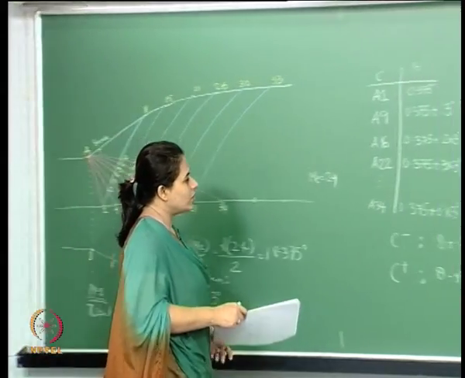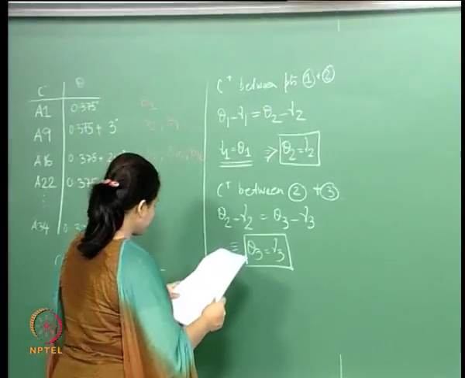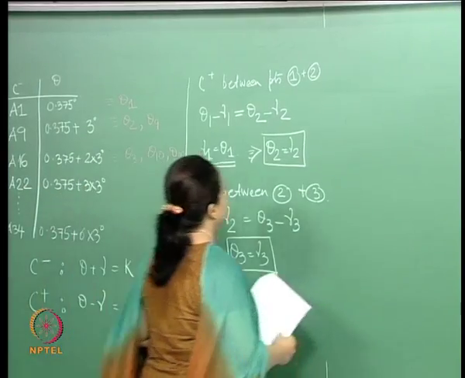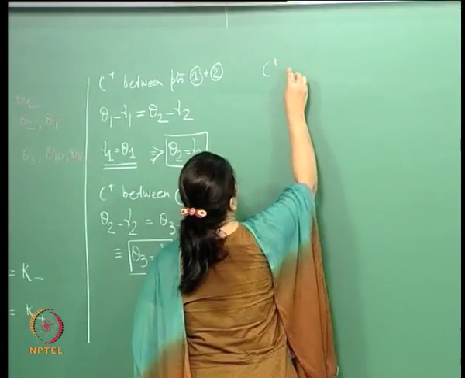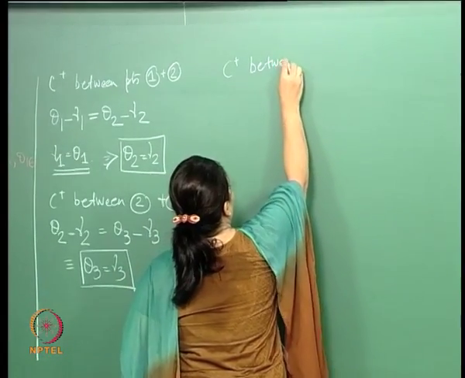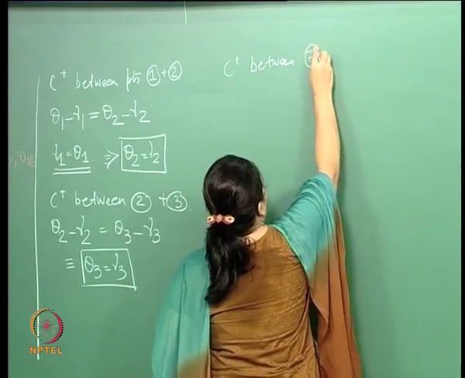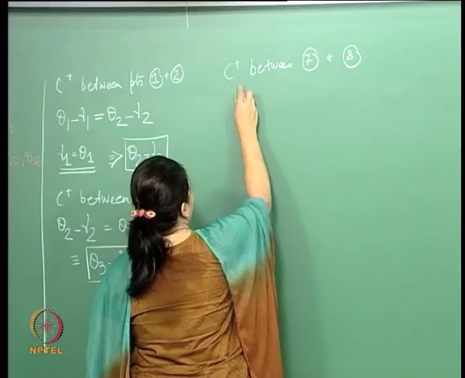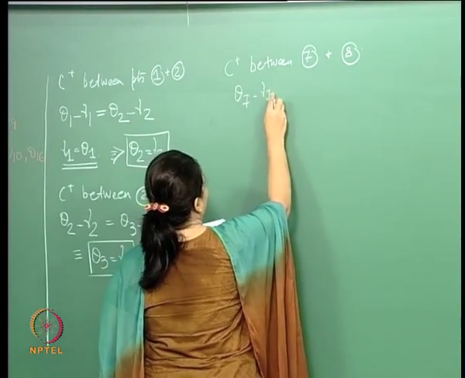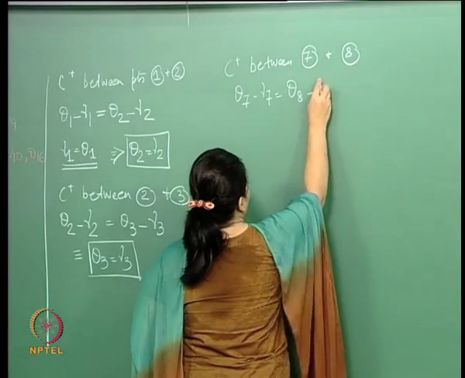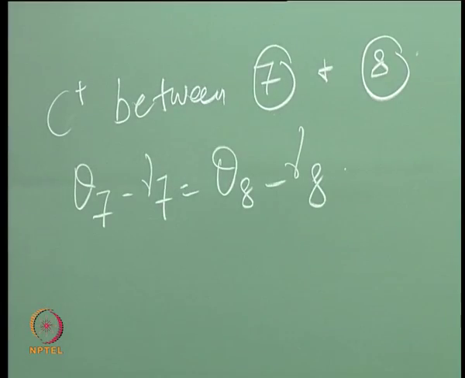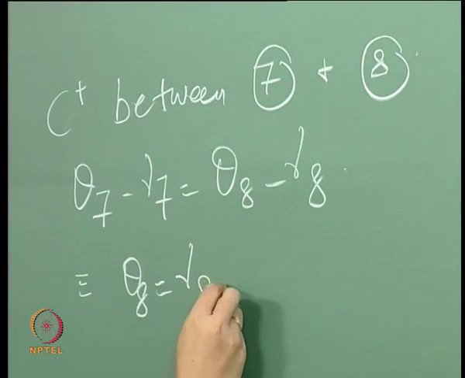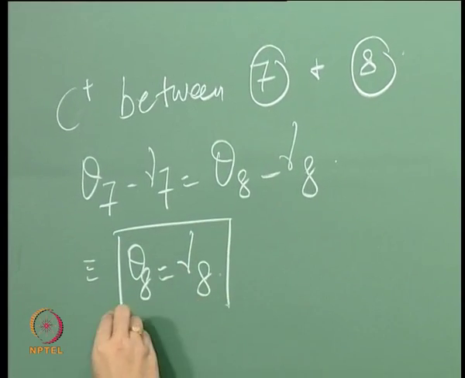Again on C plus, between points 7 and 8, as we found out, theta 8 is equal to mu 8.